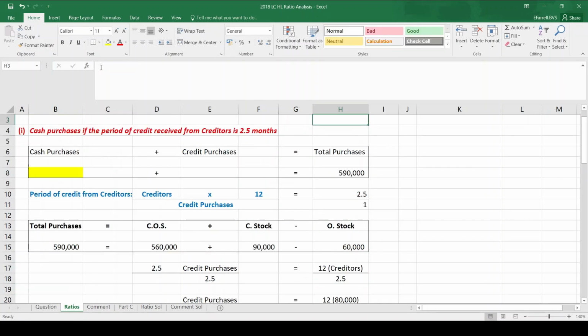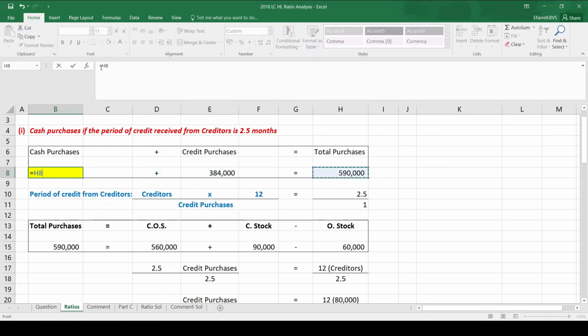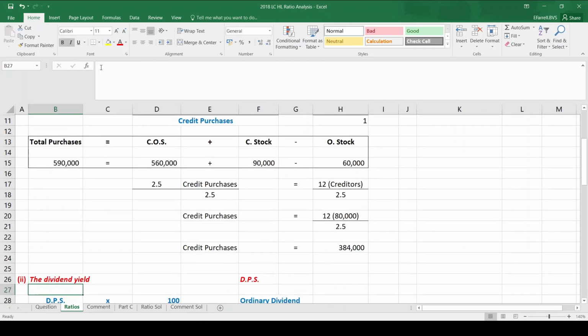So now credit purchases are 384,000. So my cash purchases must be the difference, because my total purchases are 590,000. My credit purchases are 384, so my cash purchases are the difference, which are 206,000, and that's what we were asked to calculate.